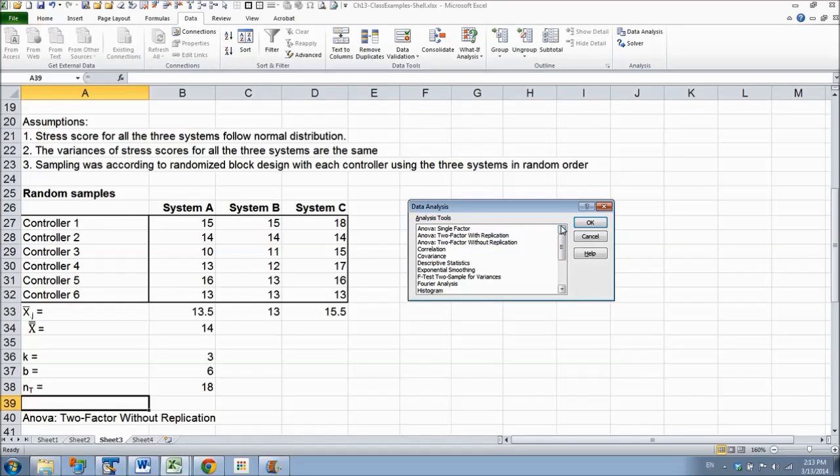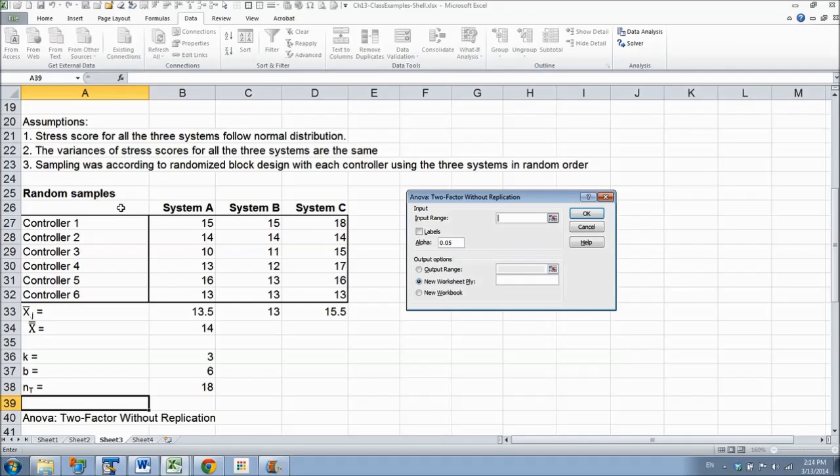There is one called ANOVA two-factor with replication, and then there is another one which is ANOVA two-factor without replication. The one without replication is the block design. So there are two factors. One factor is the treatment factor. The second factor is block, and that is without replication. So select the without replication.